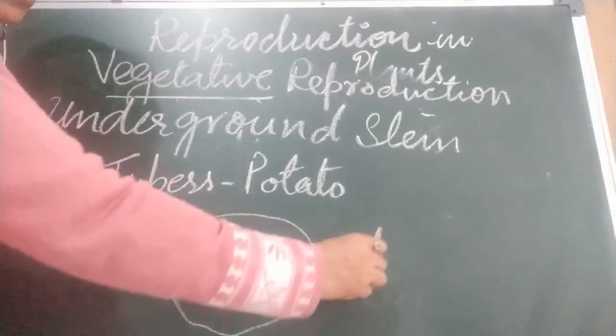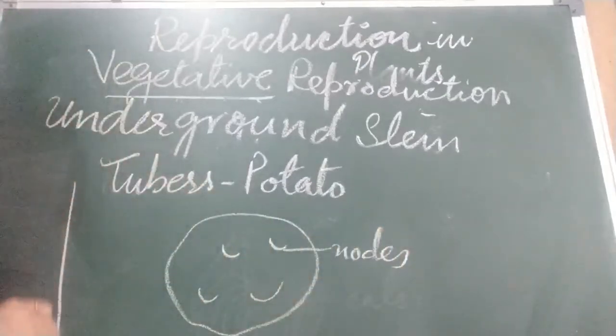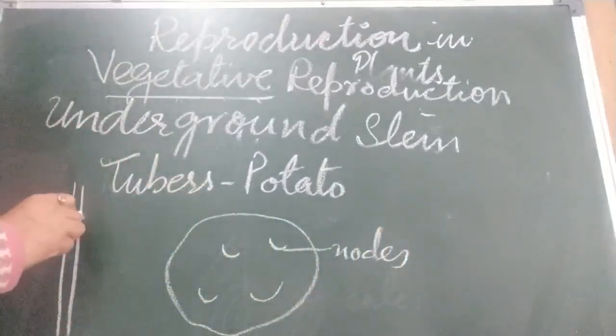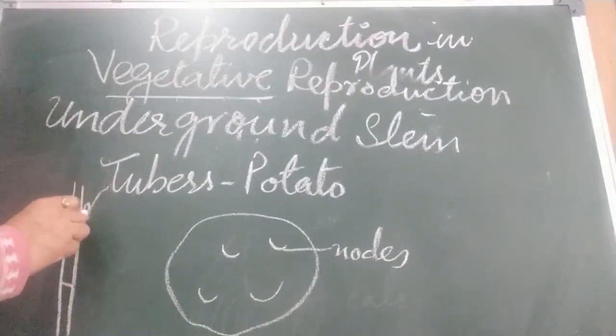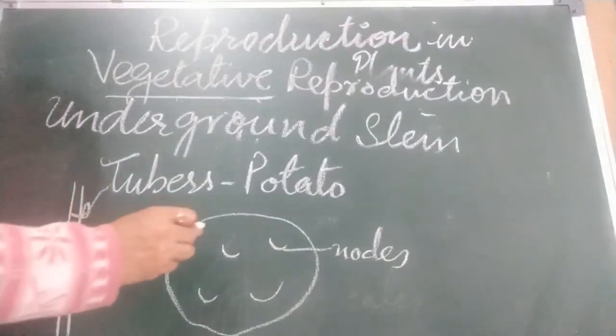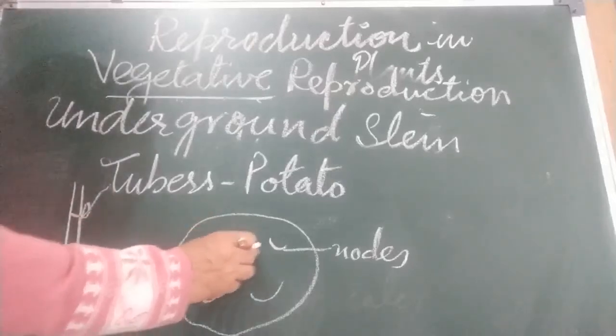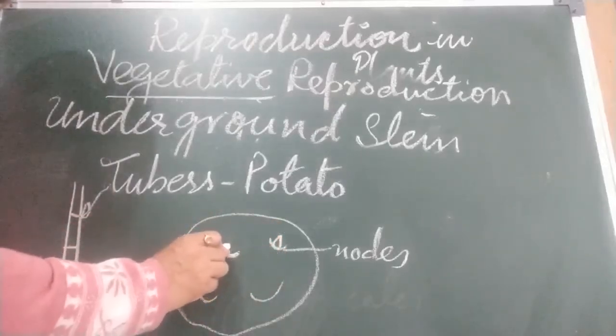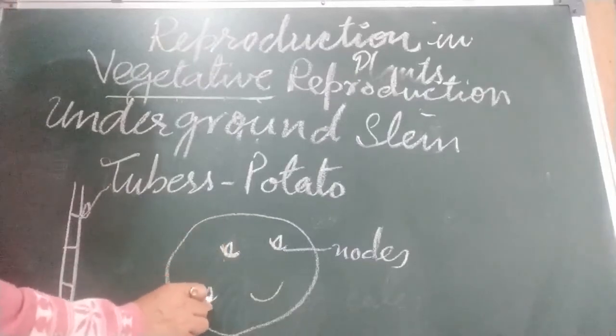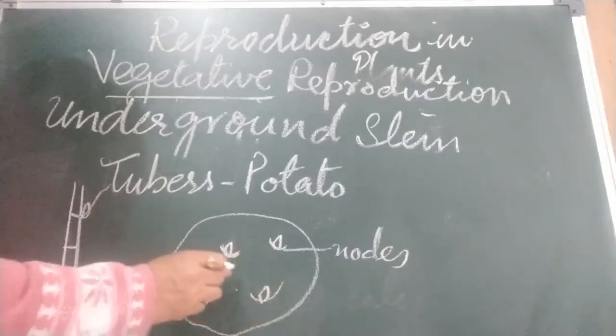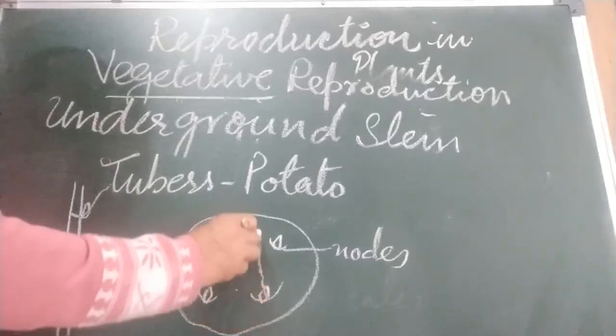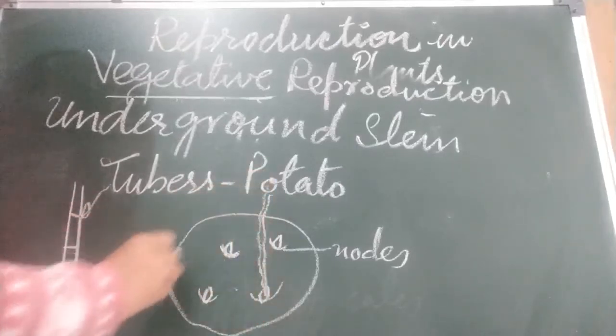And children, in plants, all you know, where is the stem? The nodes are there. Aerial stem, the nodes are there. From these nodes, a new branch comes out and leaves come out. Same way, from these nodes, these buds, sometimes you have seen green buds, they come out. And when it gets the favorable condition, it forms a plant.